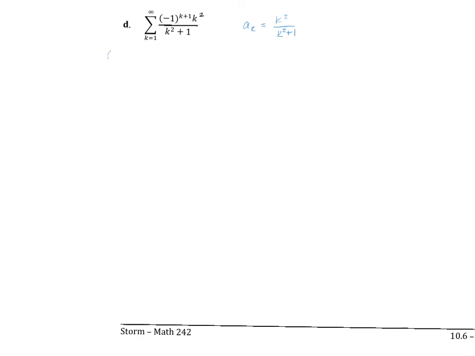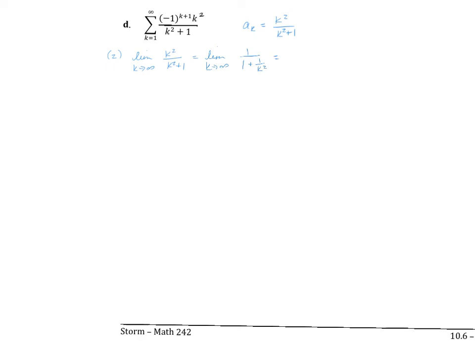Because if we look at property 2 of the alternating series test and we take the limit as k goes to infinity of k squared over k squared plus 1, it's infinity over infinity, so you can do L'Hopital's, or you could simply divide all the terms by k squared to get the limit as k goes to infinity of 1 over 1 plus 1 over k squared.